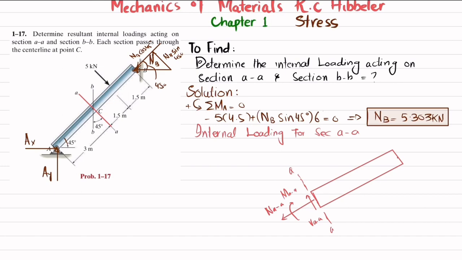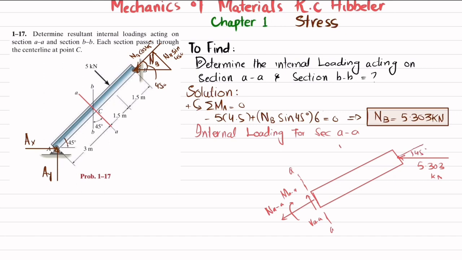This is your point B where you have the load NB, which is 5.303 kilonewton, and that makes an angle of 45 degrees with this.